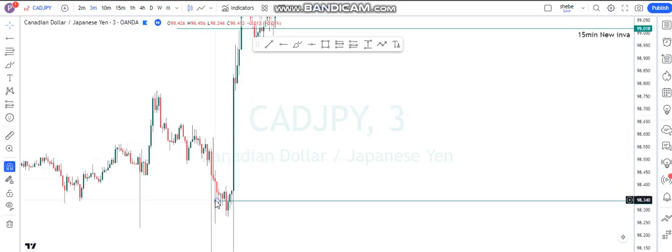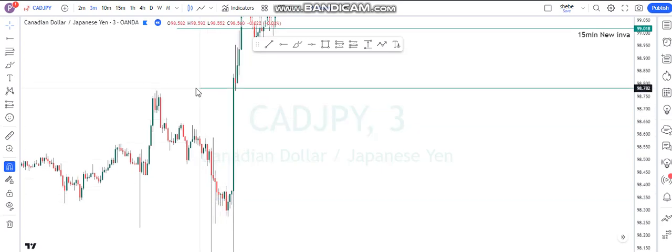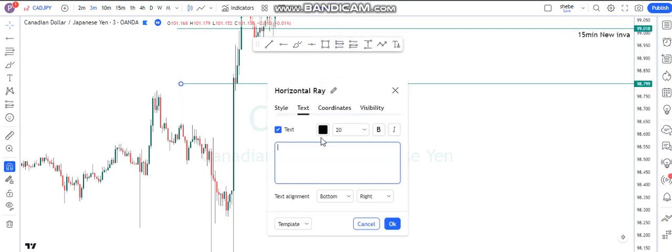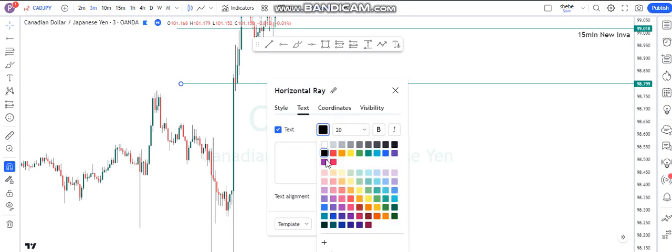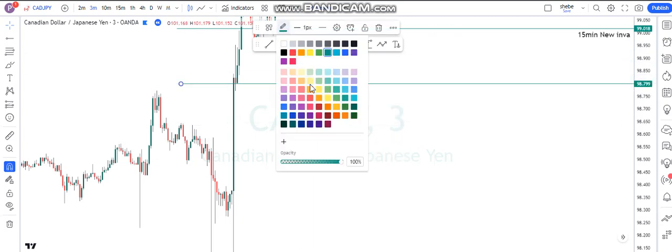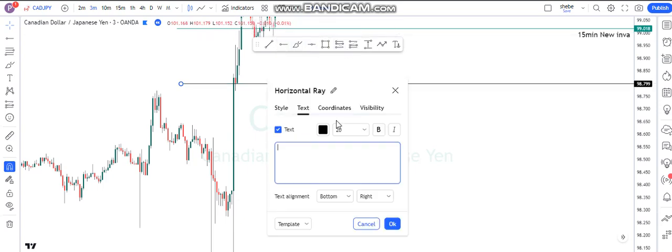Hence making this one as our 3 minutes new invalidation point around here.